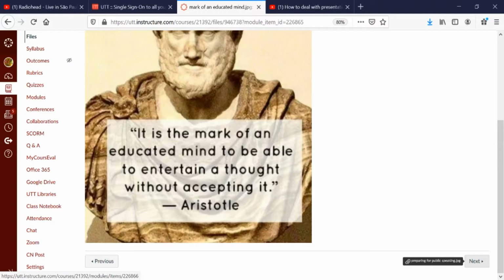But yes, the idea of, especially if you are trying to explain something or having something explained to you, or as you do research and so on, just because you have a thought or a source has a thought doesn't mean we should hold on to it. It takes further analysis.